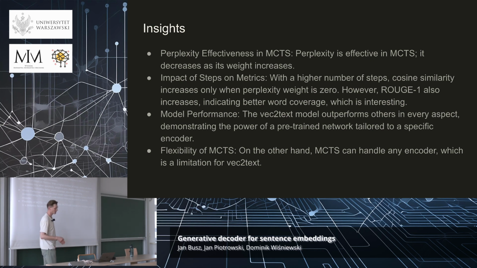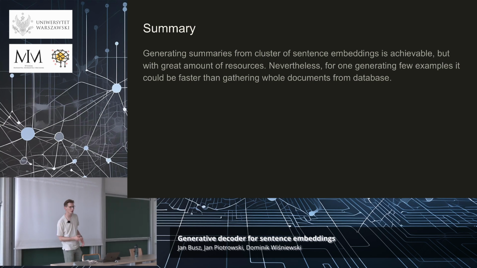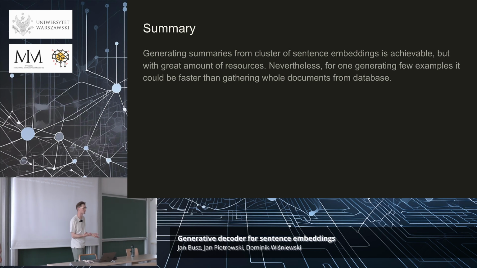So our insights: MCTS works, the perplexity works, but it is worse than the pre-trained vec2text model. And for the summary, the most important question is whether the method is okay, whether it works for practical use.